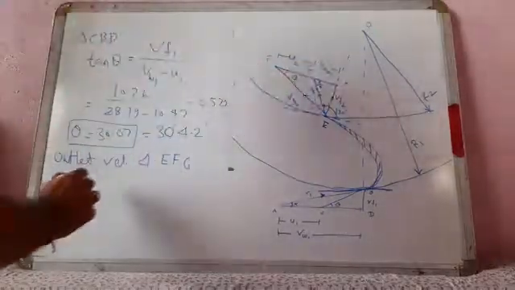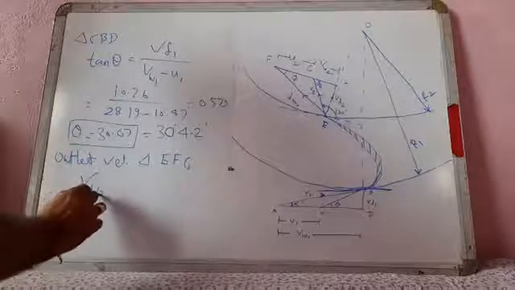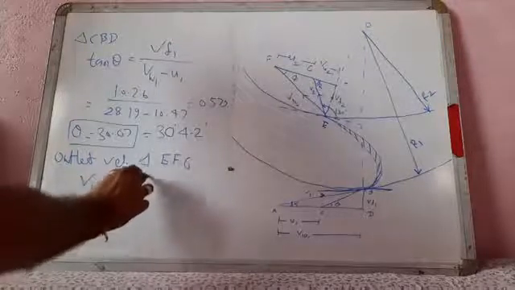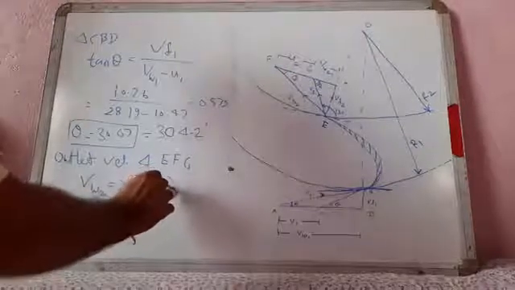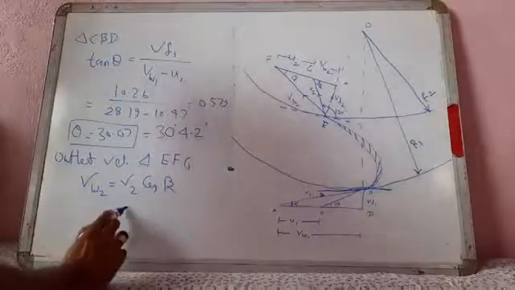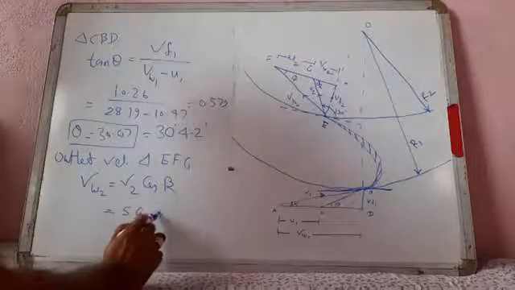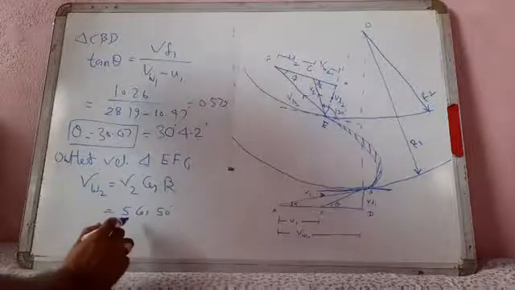This is beta, so VW2 equals V2 cos beta. Putting the values here, the value of V2 is 5 cos 50.